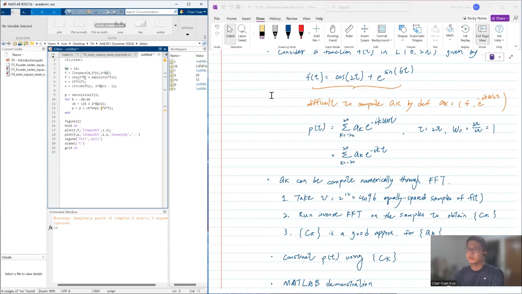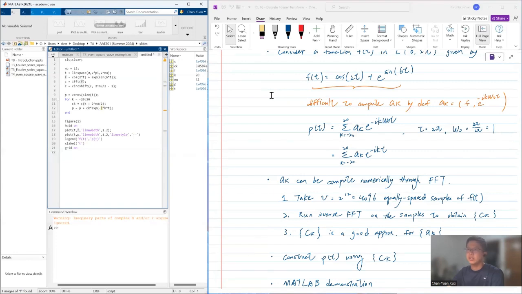Now we're going to measure the values of f at these sample points. So here we have cosine of 2t plus exponential to the power of sine of 6t. Once we have obtained the samples, we are going to run inverse fast Fourier transform on the samples to obtain the coefficients C.